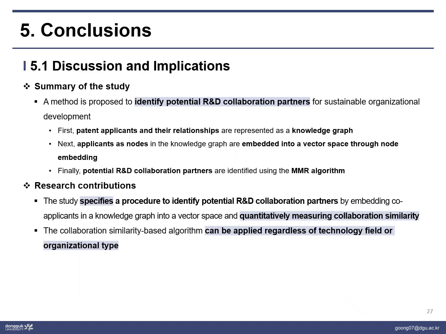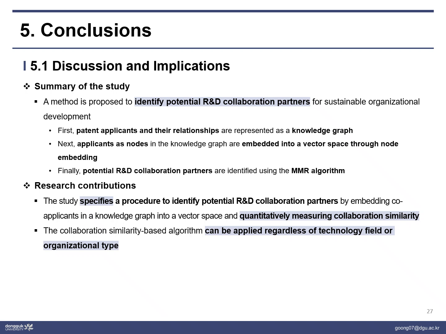They propose a method to identify potential R&D collaboration partners for the development of organizations. First, the relationships between applicants who hold patents are represented as a knowledge graph. Next, the applicant nodes are embedded into a vector space. Based on this, the MMR algorithm is applied to identify potential R&D collaboration partners.